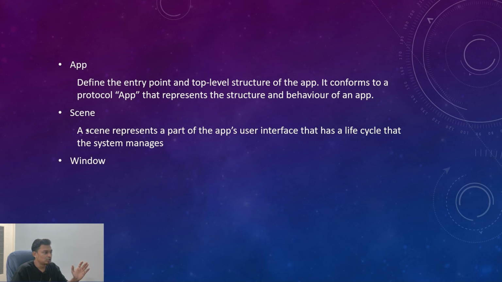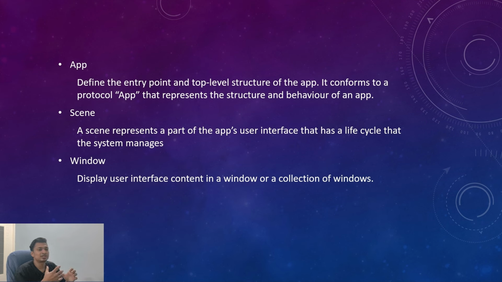Then the window. The window is where our user interface content is displayed. Basically we can have a multi-window application as well as a single window application, so it's better to define that in a window group. Multi-window application means, for example, the application which you are going to develop can be used on iOS as well as on macOS or iPad, everywhere.